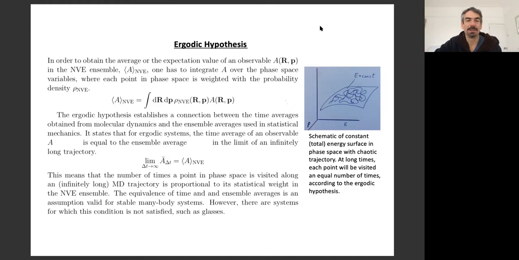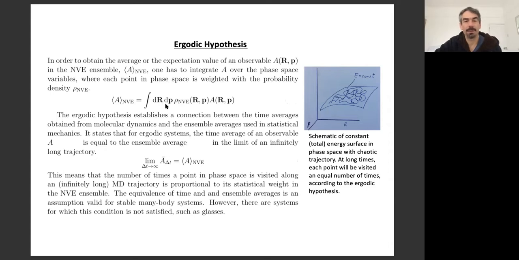The ensemble average in the NVE ensemble is just whatever observable you are interested in, A of R, P, times that delta density rho, times dR dP.